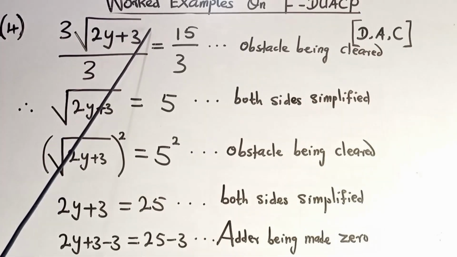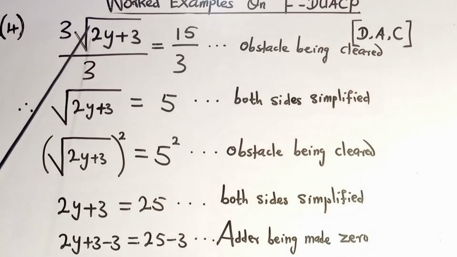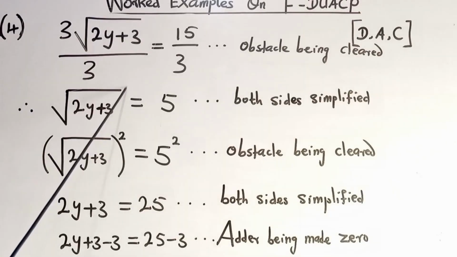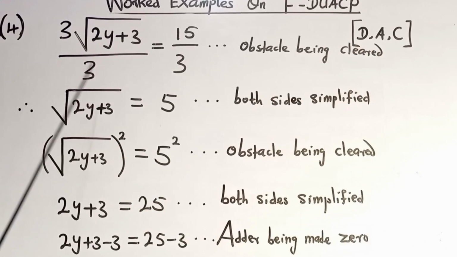Which means that even at this level, we would have gone ahead to remove this root because it is only a part of a term of this left-hand side. And right now, this root has become the only thing existing in this left-hand side. It is ripe, the right time to remove this root.